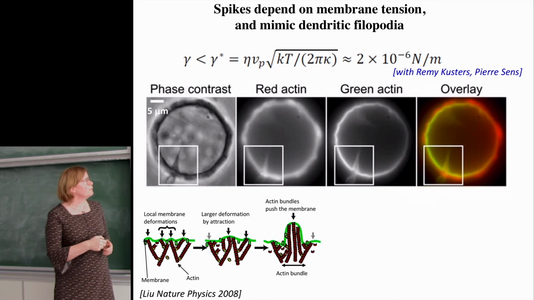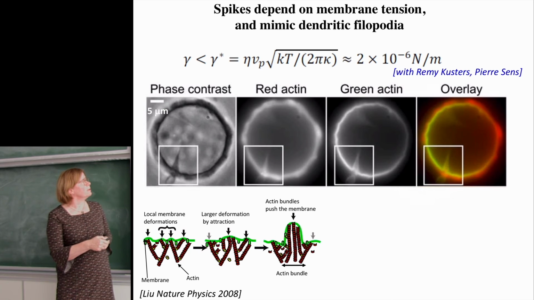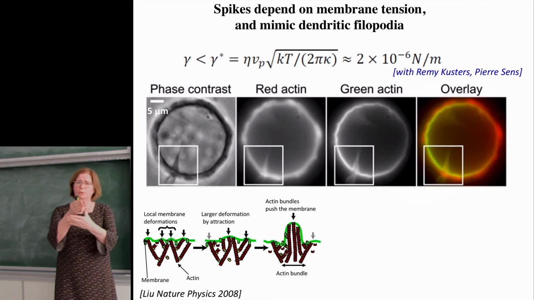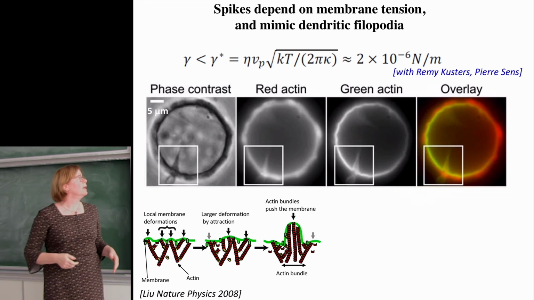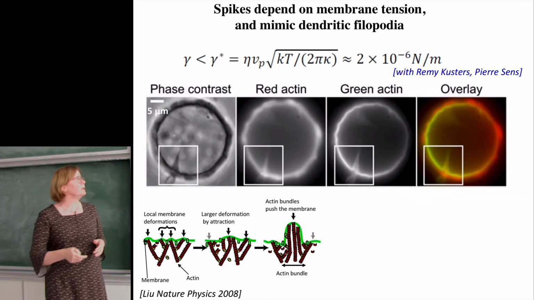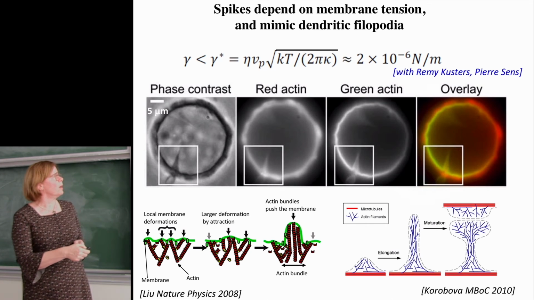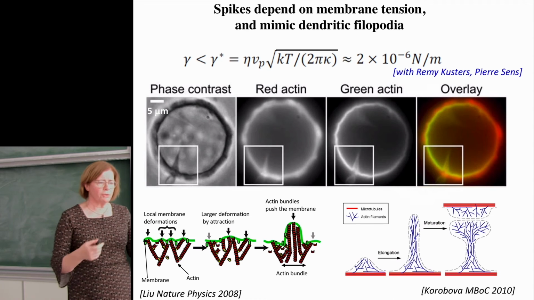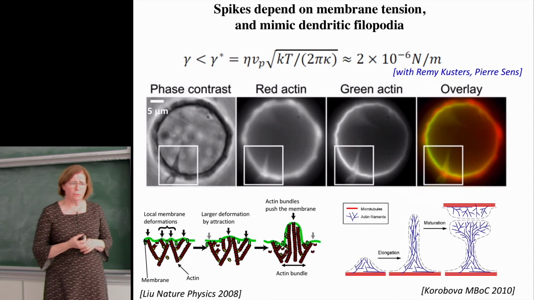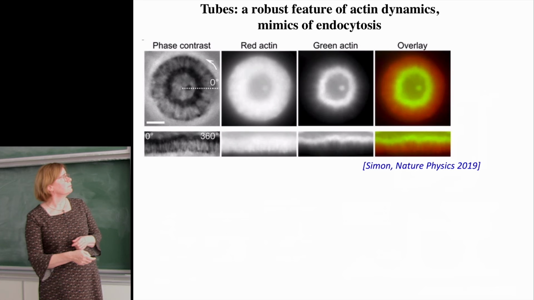So it's very different from what's called filopodia formation, where you have parallel filaments that are able to push the membrane all at the same time. Here it's really a 3D cone that we build, and this is closer to what's seen in neurons, like dendritic filopodia.